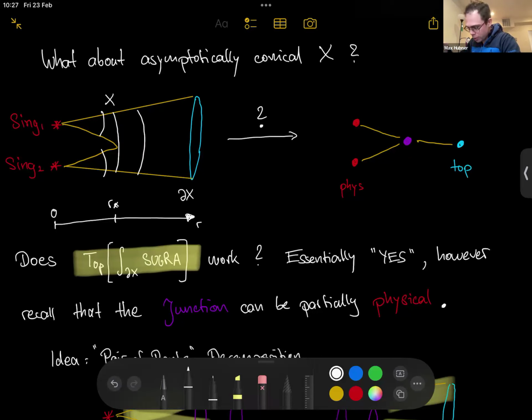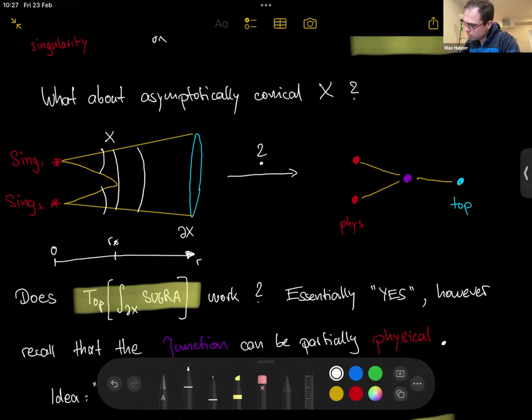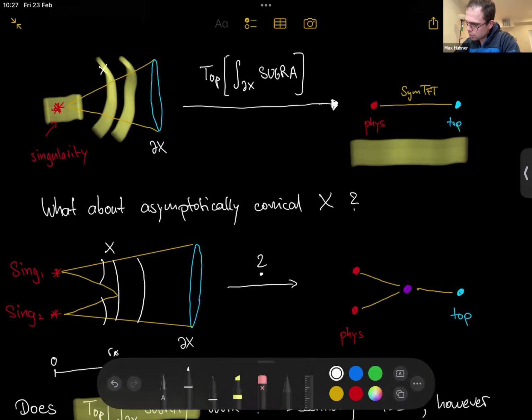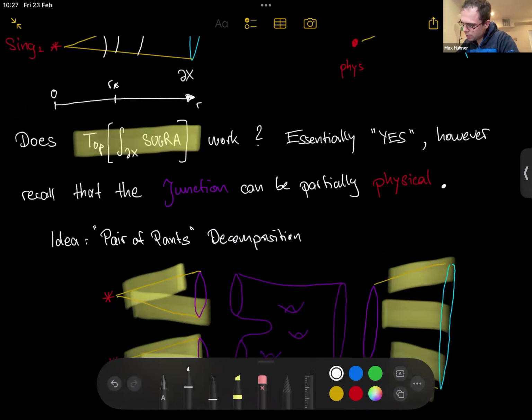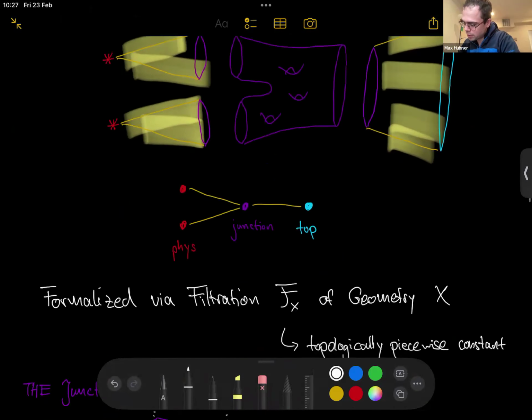And this critical radial slice is exactly the deformation retraction of this pair of pants that I've drawn here.